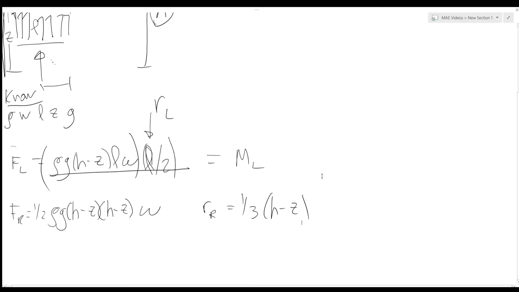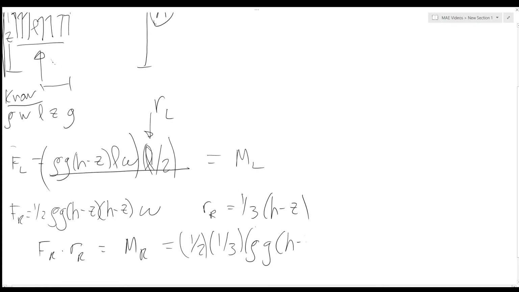When you multiply them together, F_R times R equals the moment caused by that right portion, which equals 1/2 times 1/3 times rho g (H minus Z) cubed times W.